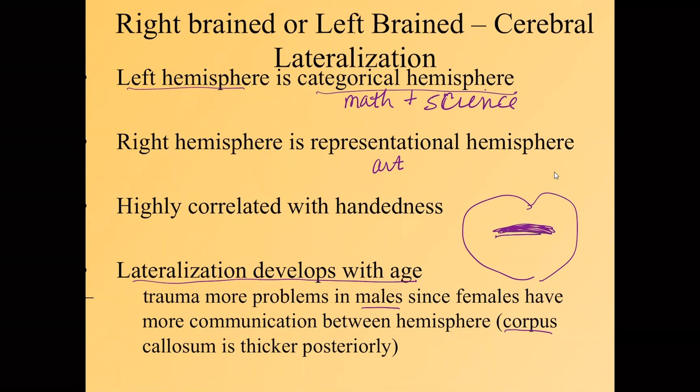So they say women can multitask better because the two hemispheres are connected by a bigger tract compared to men. Okay, so men might be able to think with the right brain or their left brain, but they might have a hard time relaying the information back and forth.